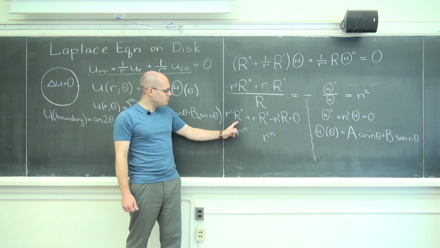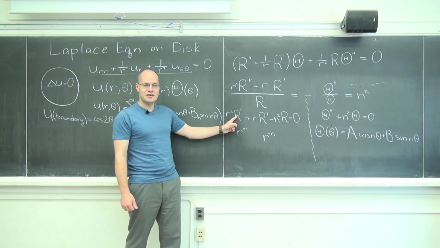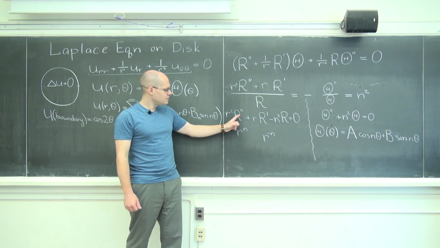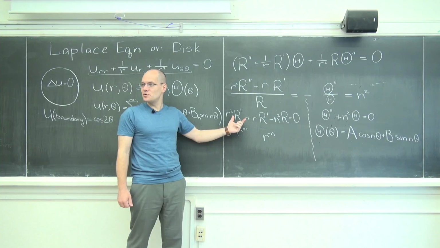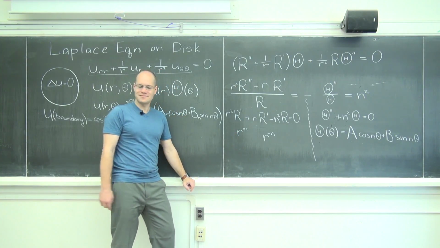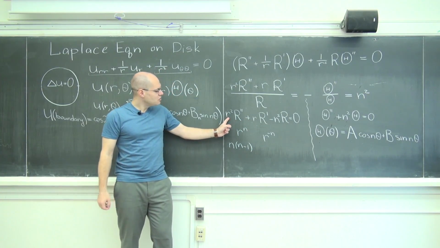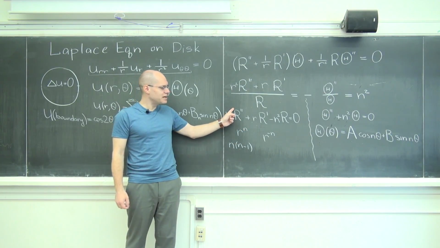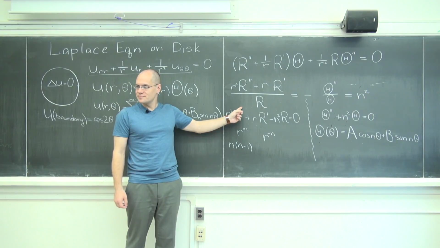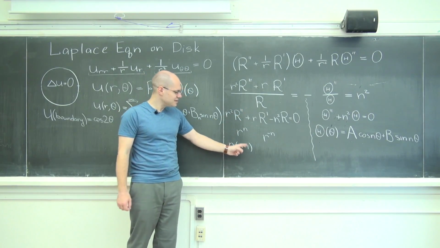When you plug it into here, taking two derivatives, we'll introduce a multiple of n times n minus 1. And then the power will drop by 2, but then r squared will restore it to its original power of r to the n. So it'll be this times r to the n.